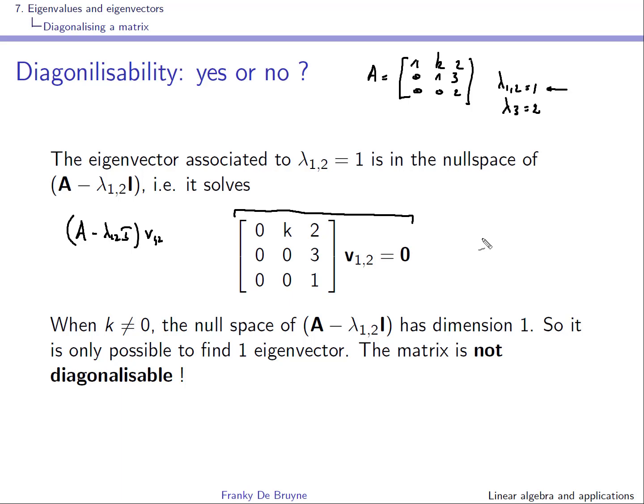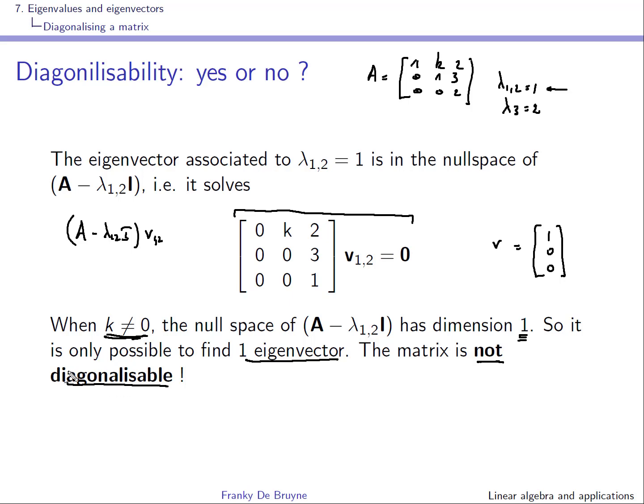So you can find one vector here which is 1 0 0, in the case where k is different from 0. This is because the null space here has dimension 1. So you'll be able to find only one eigenvector such that this matrix times v is equal to 0. In this case the matrix is not diagonalizable.